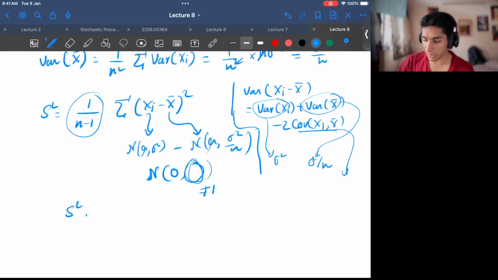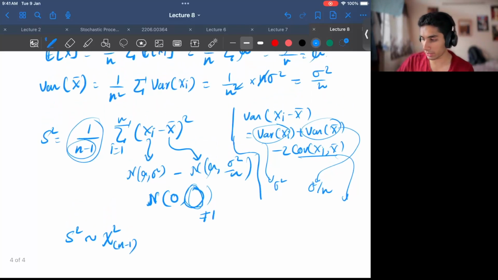So S square, though it is a sum of n Gaussian random variables that are not standard Gaussian, follows a chi-square distribution with degree of freedom n minus 1. Let me know if this is not clear.